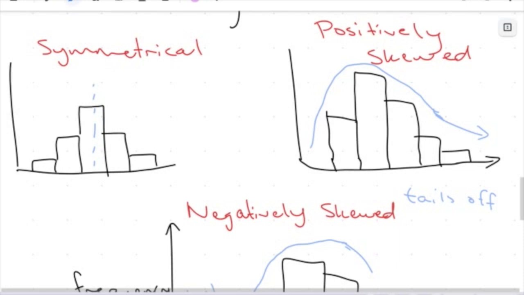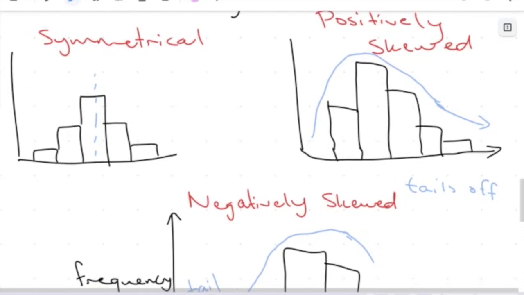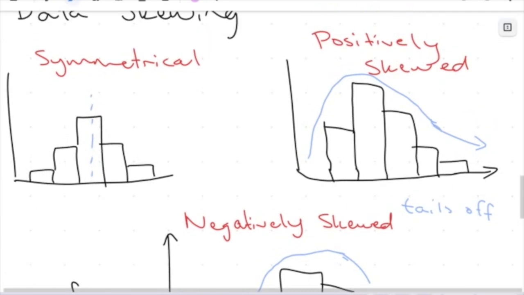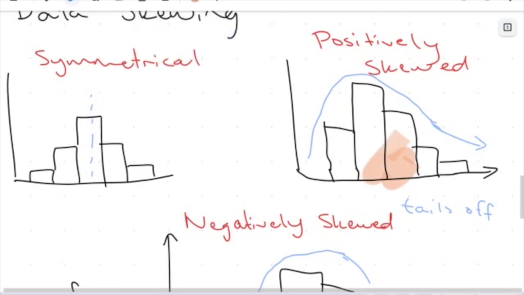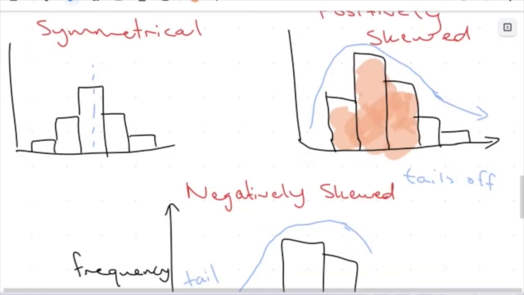The symmetrical sits very nicely, where on either side of this sort of axis of symmetry, my two bits look the same. They're very, very symmetrical. Positively skewed has a lot of data clumping up around these values here. This is where the majority of the data is kind of bulking up together, and then it tails off in the positive x direction.